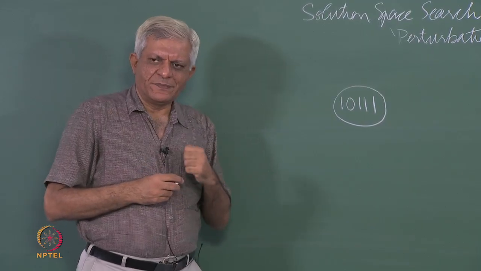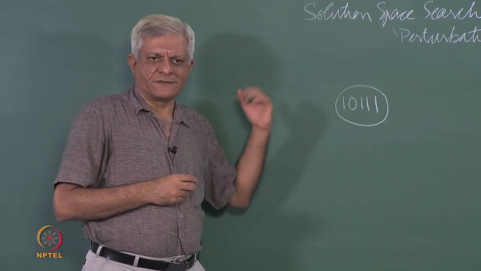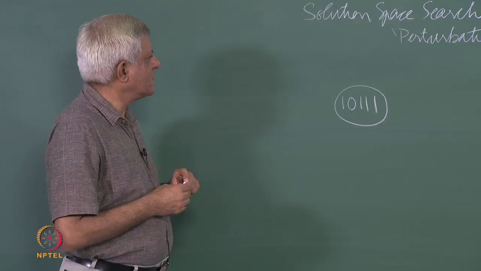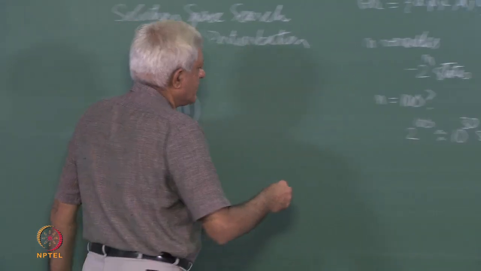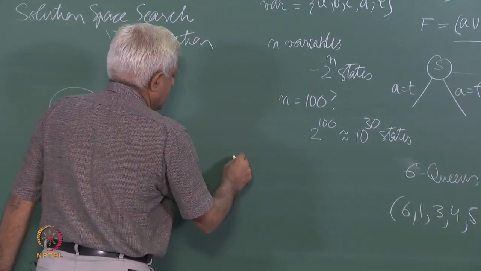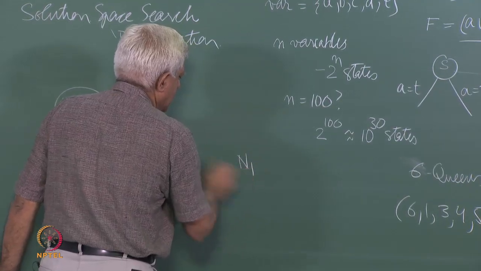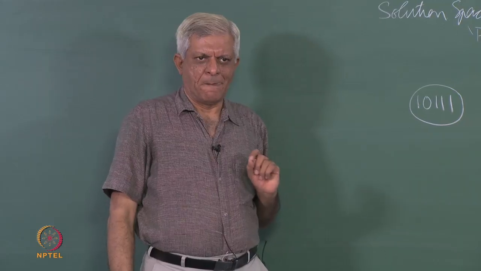So, one way is we can devise several move gen functions for this. So, we will call them as follows. I will call this a function n1, which says change one bit essentially.